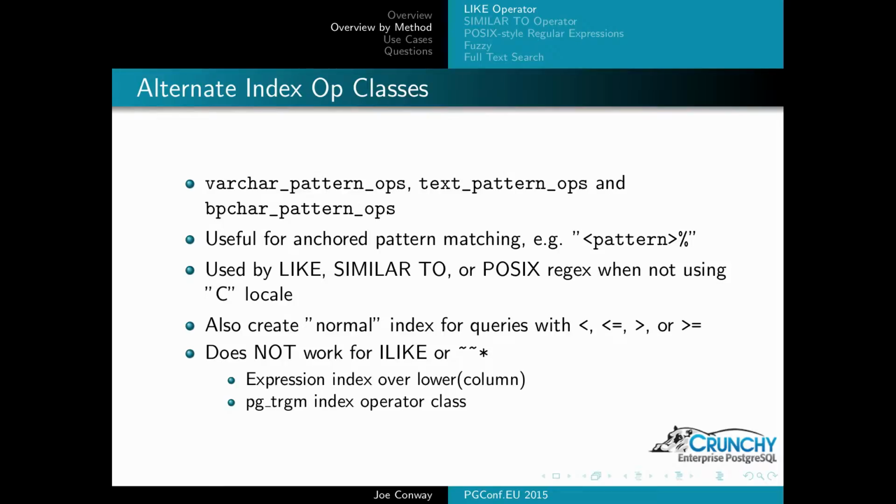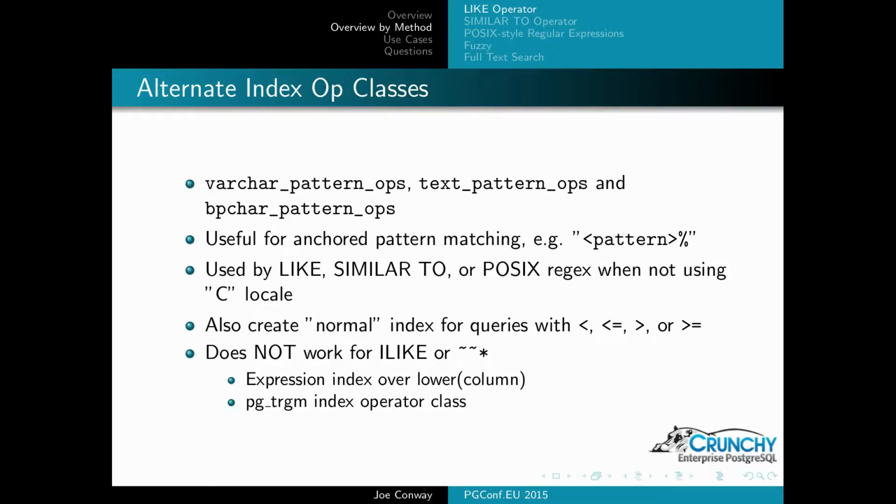If your database is using the C locale and you have an anchored pattern, which means some set of characters and then a wildcard percent, then that normal B-tree index can be used. But 10, 15 years ago it was pretty common that people built their databases with the C locale, which is basically just ASCII characters. These days, almost everyone uses UTF-8 in order to support multilingual operations.